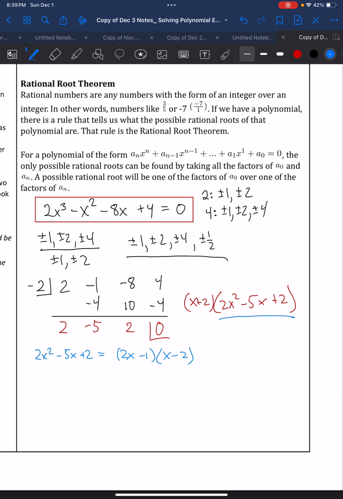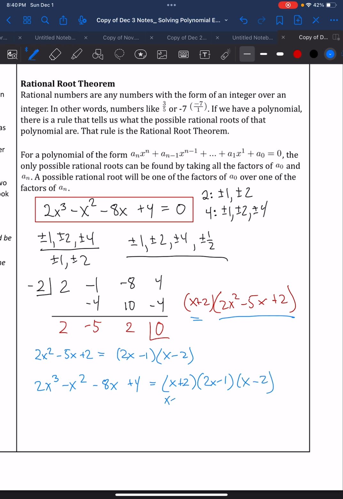All right, so that means our total factor here of 2x cubed minus x squared minus 8x plus 4 is equal to x plus 2 from up there times 2x minus 1 times x minus 2.